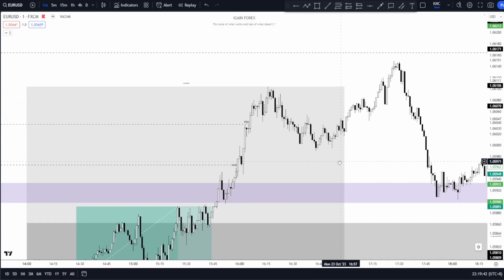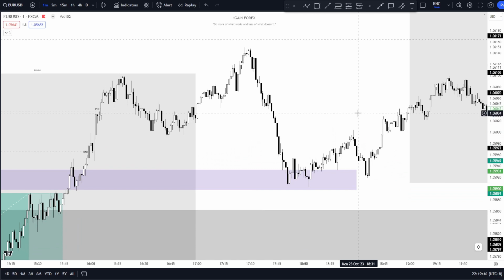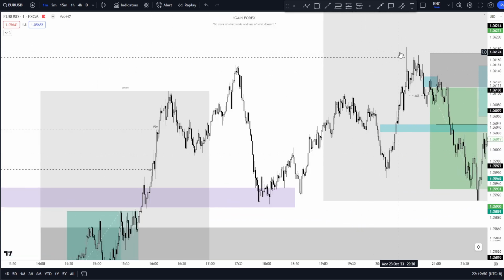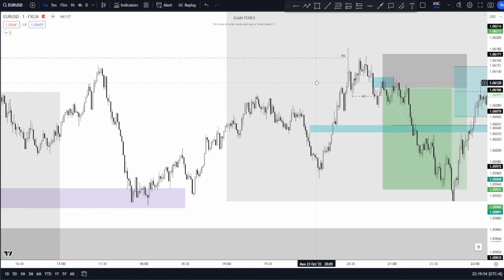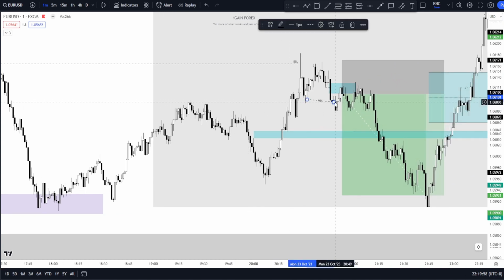Okay, so that was the trade in London. For the next trade, in the New York session, we can see this buy side liquidity was taken out. Then we have formed this market structure shift here.